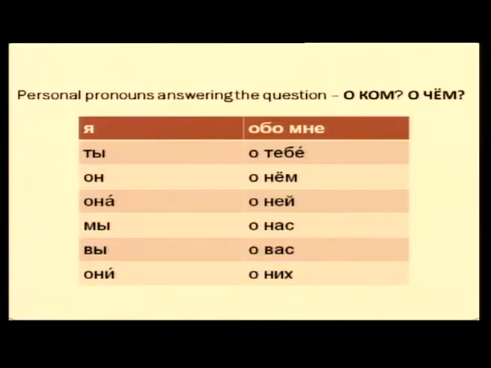Now, we have just discussed how these endings of adjectives of masculine, feminine and neuter gender are used, especially in the prepositional case, when they are asked by questions like о чем and о ком. We have also learned about certain exceptions in Russian in the case of adjectives used in masculine, feminine and neuter.